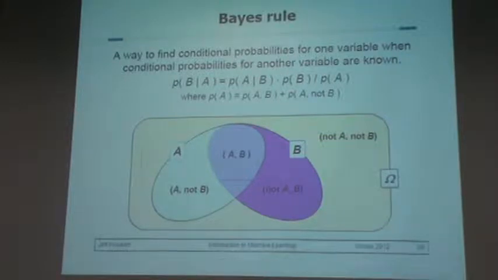Next one is the well-known Bayesian rule. I think you have seen this equation. The probability of B given A is a conditional probability.